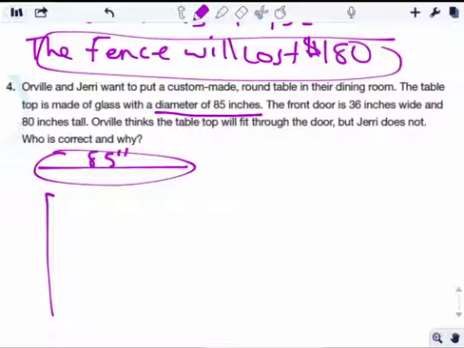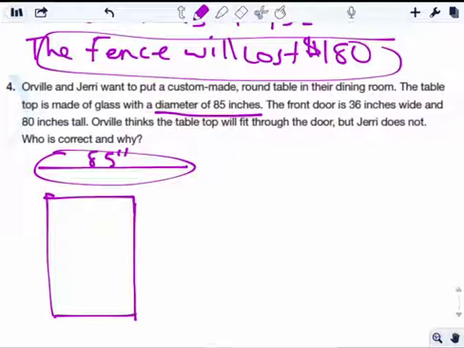The front door is 36 inches wide and 80 inches tall. Orville thinks the tabletop will fit through the door, but Jerry does not. Who is correct and why?